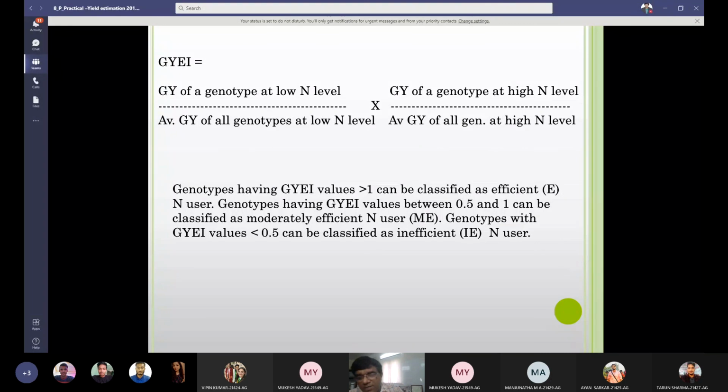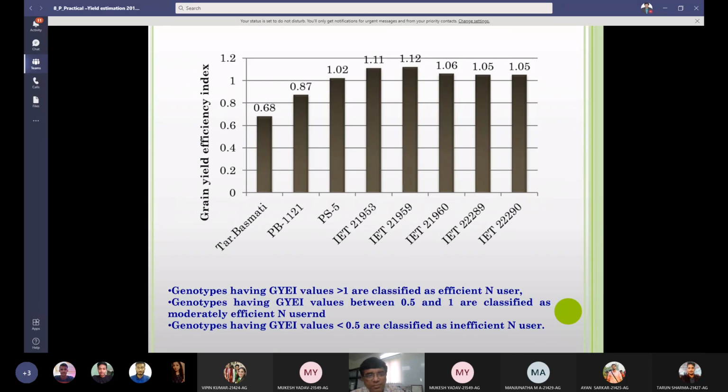And the same yardstick is applicable to other nutrients, phosphorus, potassium, zinc, whatever you use. So this is good in the sense that a genotype will be called efficient only when it is doing better under both situations, at low N level as well as at high N level. Then that kind of genotypes will be the more nutrient use efficient, according to him.